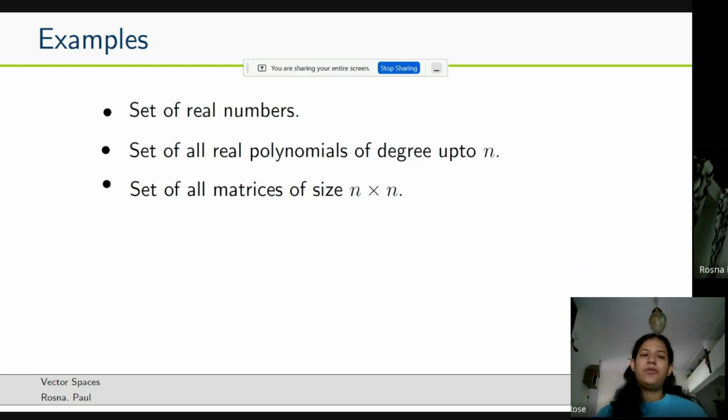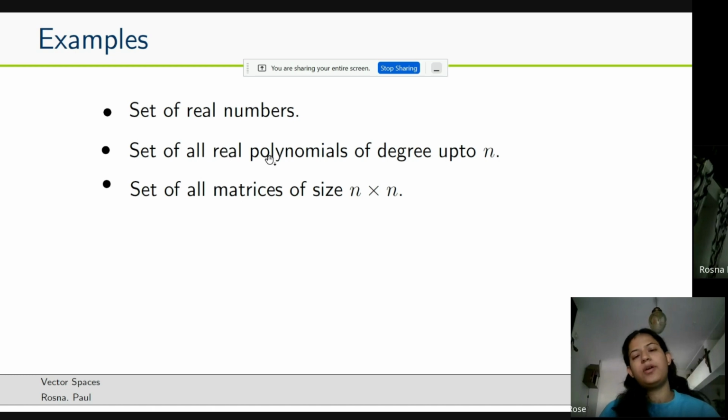As I mentioned before, real numbers are one of the examples of vector spaces too. If you take a vector space of real numbers over the field of real numbers, you can see it satisfies all the properties with our normal addition and multiplication. The next set you might have seen many times is the set of polynomials.